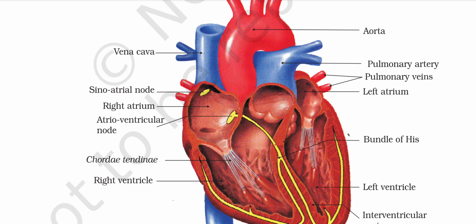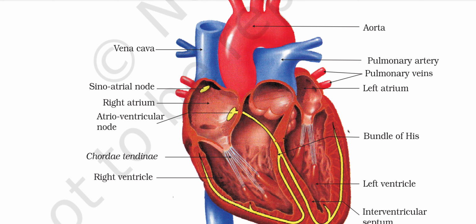Then the sinoatrial node, which we can see at the topmost right corner of the right atrium. And then the atrioventricular node, AVN, at the lower left corner of the right atrium.